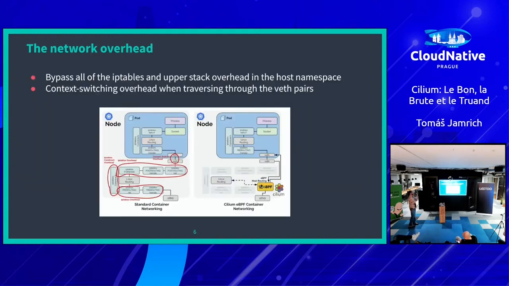Okay, the network overhead. I spoke about IP tables with Calico, and I briefly spoke about the eBPF, which I'll cover in more detail later.